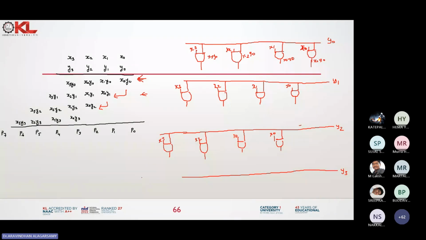Can you complete the bottom portion then? So let me go for one more shift. We can plot like this, such a way that this becomes x0. Then this becomes x1. Then this becomes x2.